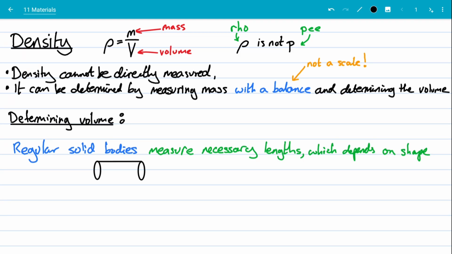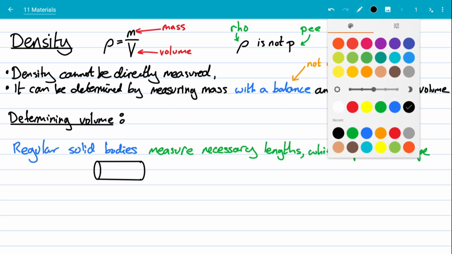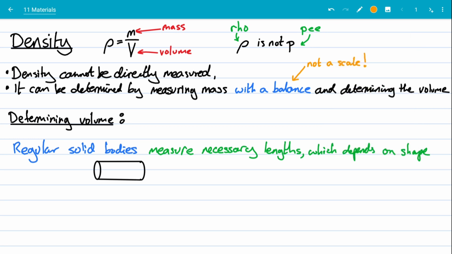There are an awful lot of regular shapes, and it is expected that in advanced level physics you can work out how to calculate various volumes of triangular prisms and rectangular prisms, cubes, cuboids, but also things like spheres and cylinders. So we can make two measurements.